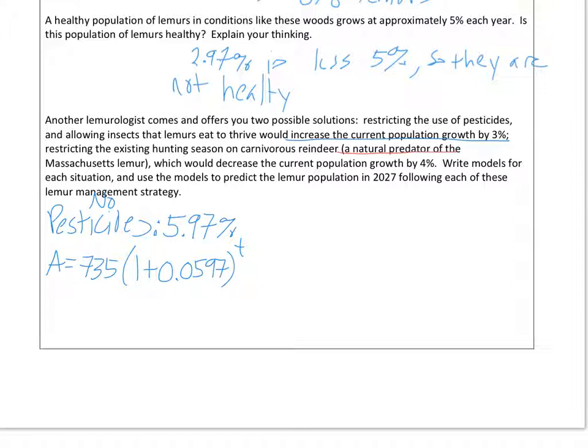I'm going to call this the predator method. And 2.97 minus 4% is going to be negative 1.03% per year. So write models for each situation. So we're looking at, for this guy, A is equal to 735.